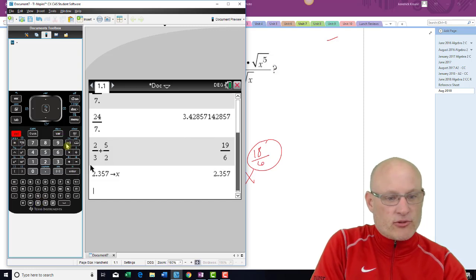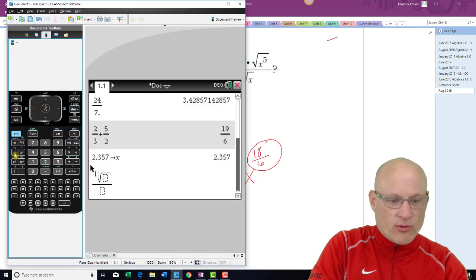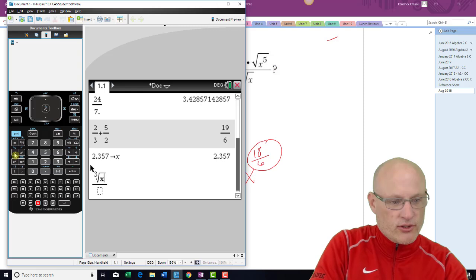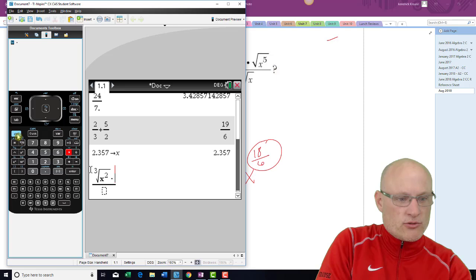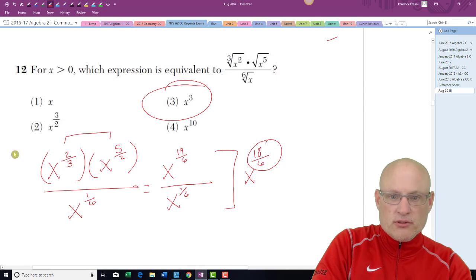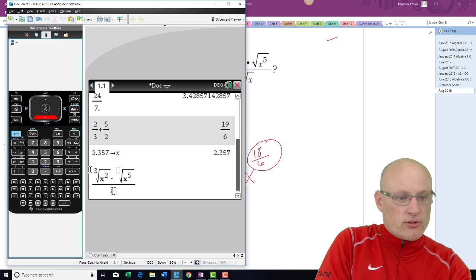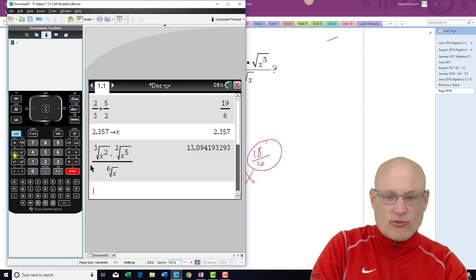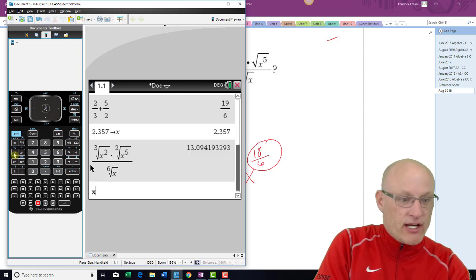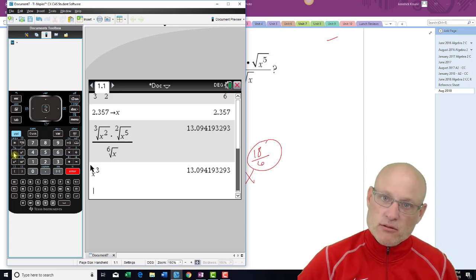Then I'm going to type in the original: the third root of x squared, times the square root of x to the 5th, all over the 6th root of x. And I'm going to get some stupid answer. Now I'm going to type in my answer that I came up with, x cubed. Are you kidding me?